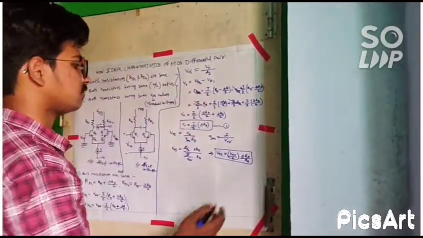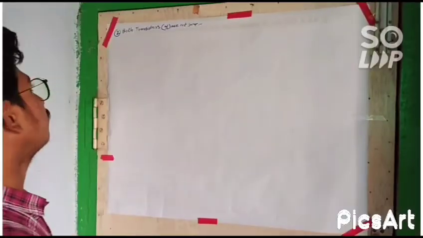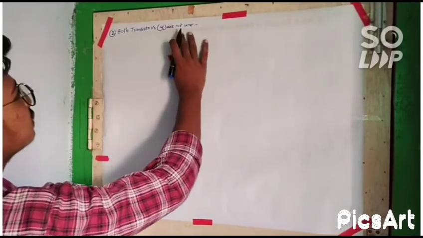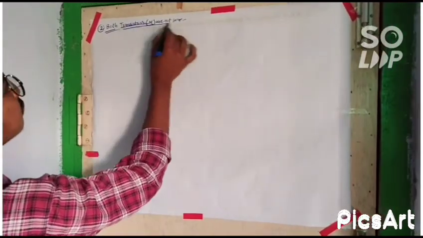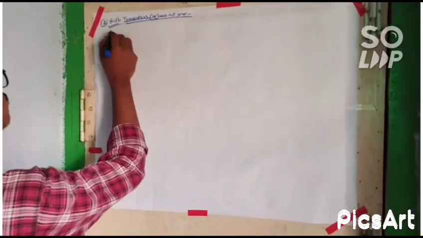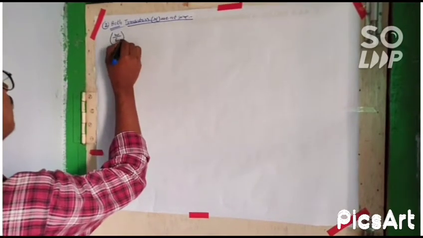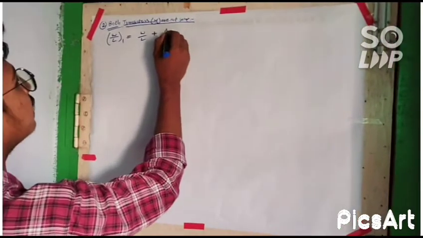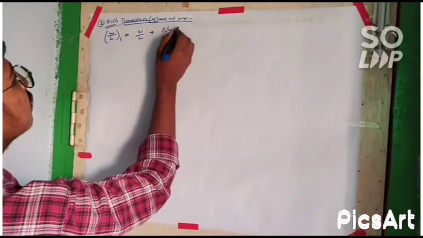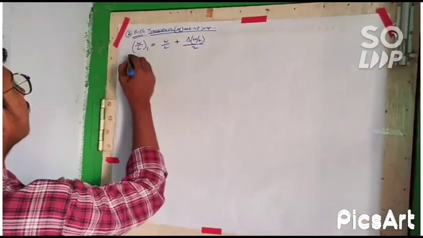Here I and I are cancelled. Then VOS is equal to VOV by 2 into delta RD by RD. This is the first case.